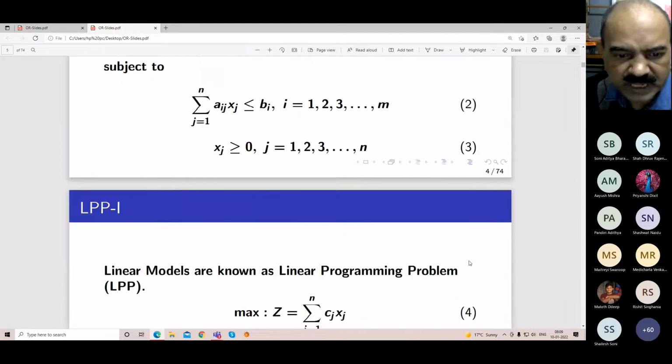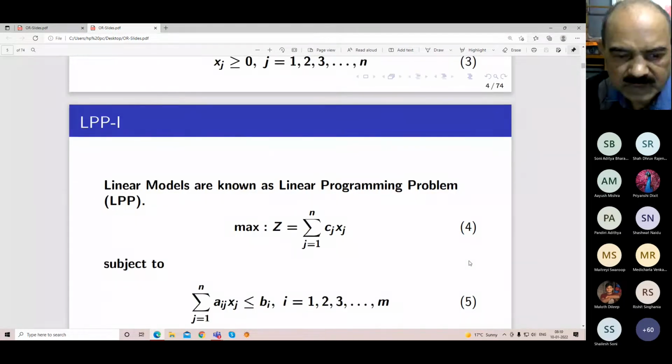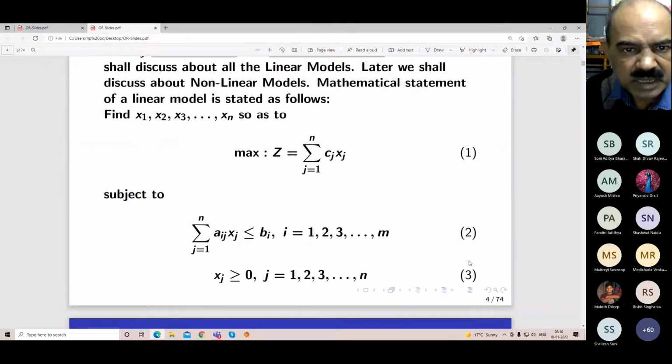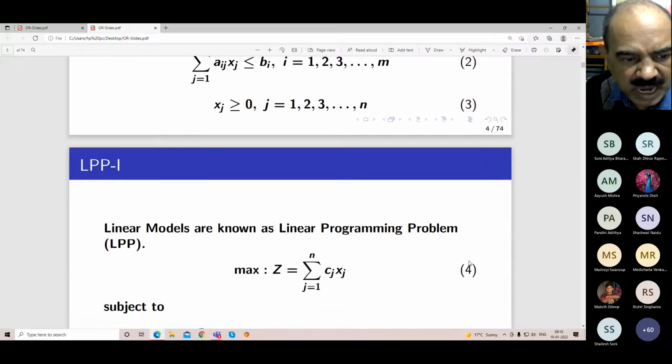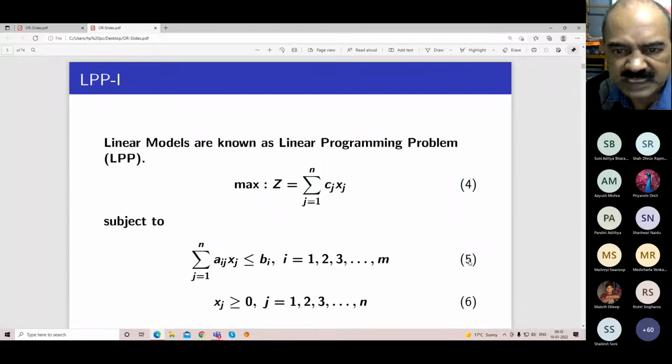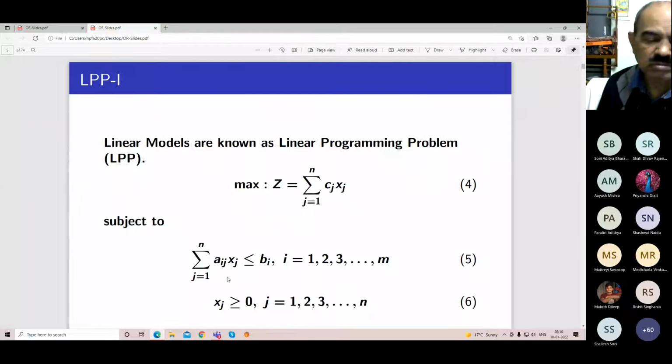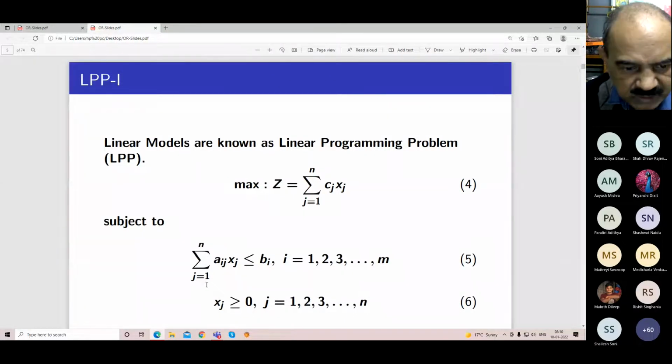As I already mentioned, a model is either of maximization type or minimization type. I am naming two different models. One is the maximization type, let us say model 1. We want to maximize Z, summation over j from 1 to n of cj xj, subject to the restriction summation over j from 1 to n of aij xj less than or equal to bi, i varies from 1 up to m, and all the x are non-negative.